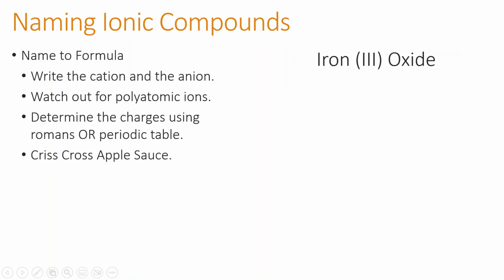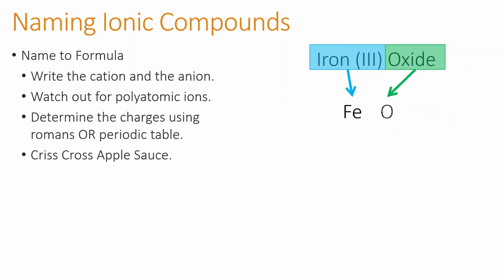Our next example is iron(III) oxide. Let's start by identifying our cation and our anion. Iron is Fe. Oxide used to be oxygen before we changed the ending to ide.